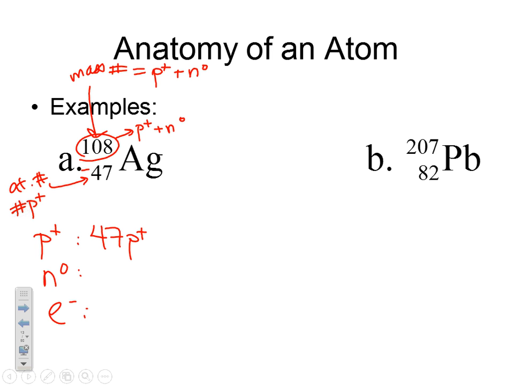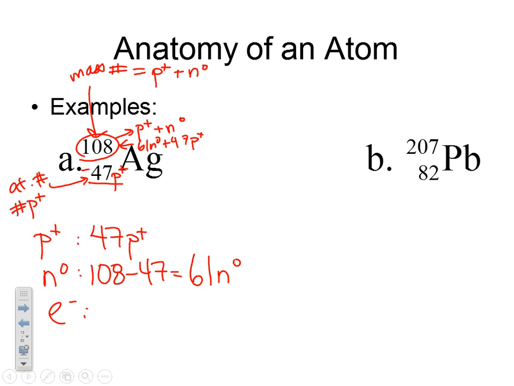But I know that of that 108, 47 of them are the protons. So if I subtract away the 47 protons from the 108 protons plus neutrons, I can get the number of neutrons. So 108 minus 47, there are 61 neutrons in this thing. Because that way, 61 neutrons plus 47 protons gives you the 108.